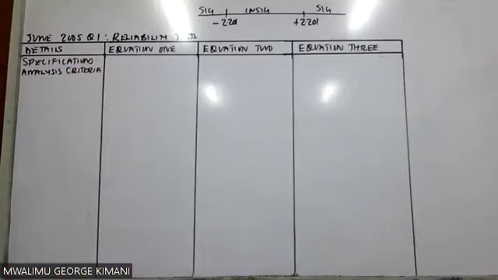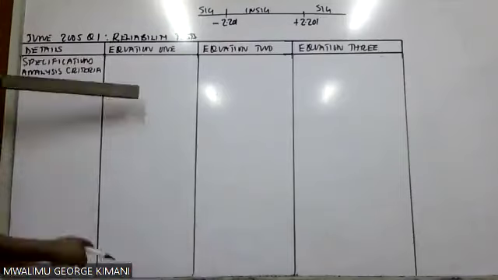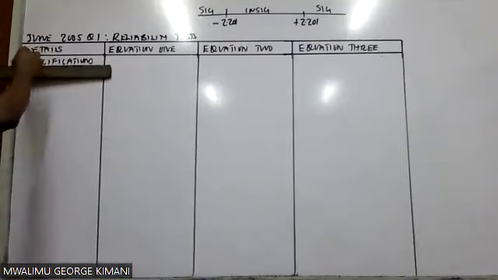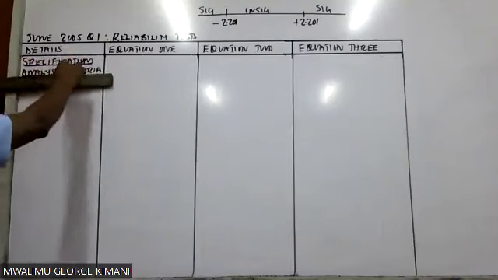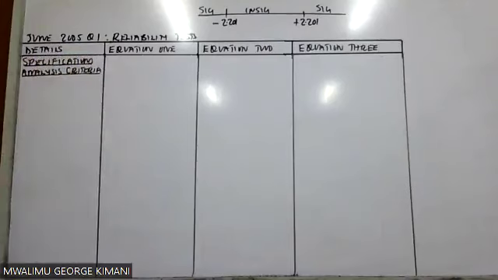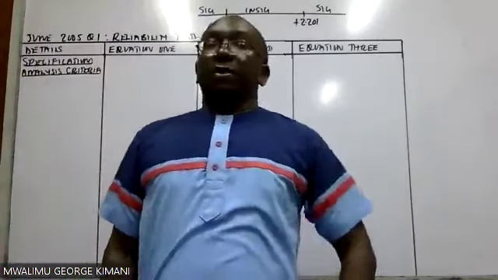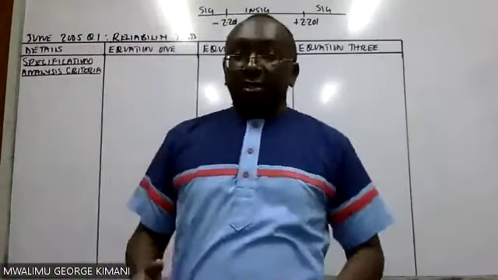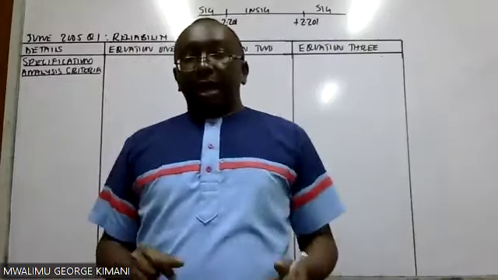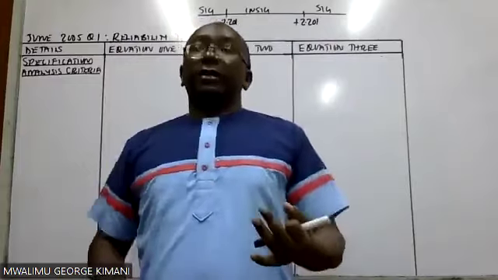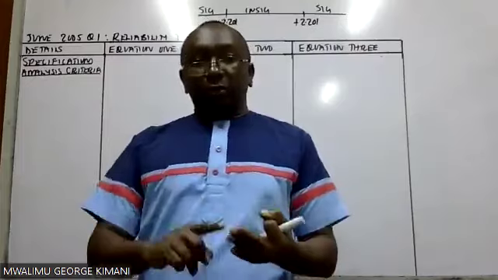Now, in our note, we never mentioned specifications analysis criteria. But as I always tell you, we do not teach you everything. We teach you some things that you should use to do other things. I taught you 3 things: the economic plausibility, goodness of fit, and assumptions.